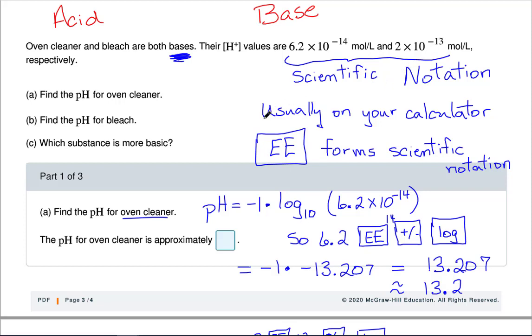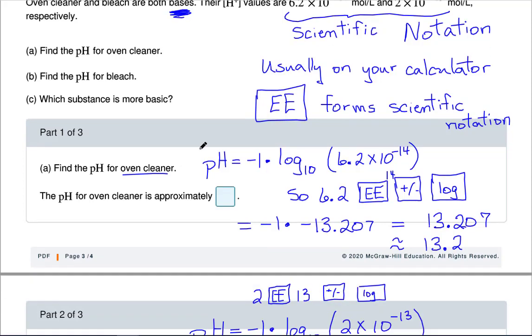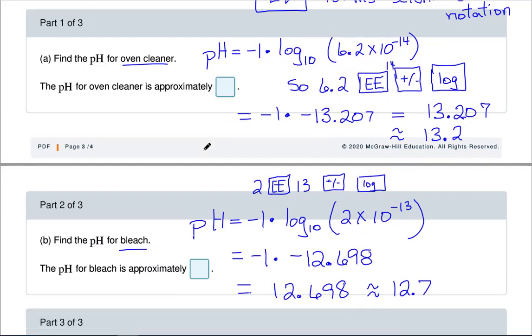Now, how do we get this notation into our calculator? We typically use a button that looks like two capital E's on it, and it turns the calculator into scientific notation mode. So let's take a look here. Let's look here at the pHs. The pH for the oven cleaner is minus 1 times log 10 of that concentration.